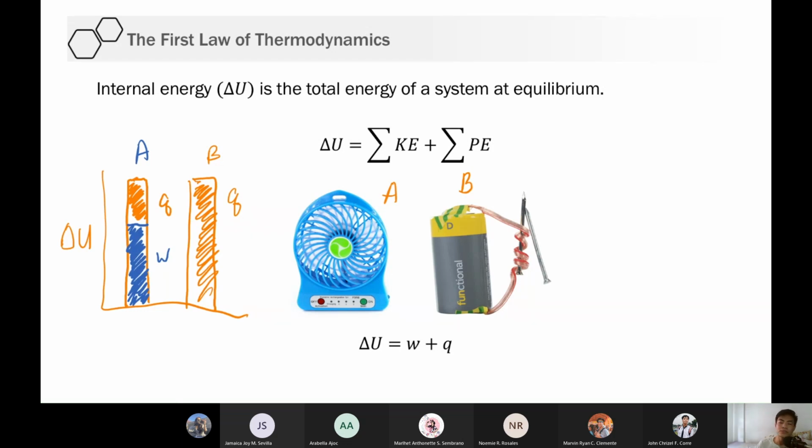Okay? So, we now have a simpler approach in solving for delta U. We now have a simple approach to solve for the internal energy. Either you convert all of it into heat, or a combination of heat and work.